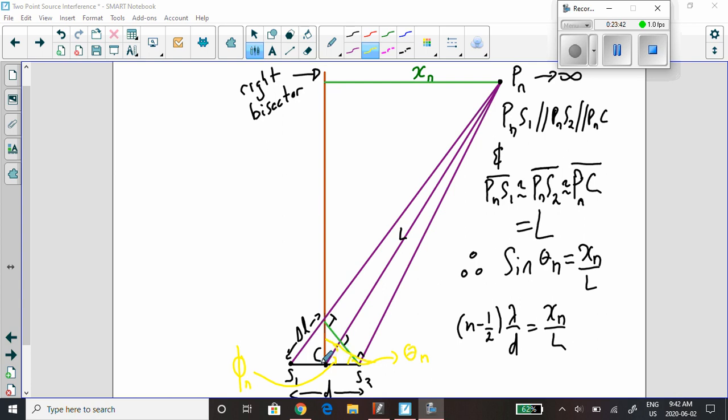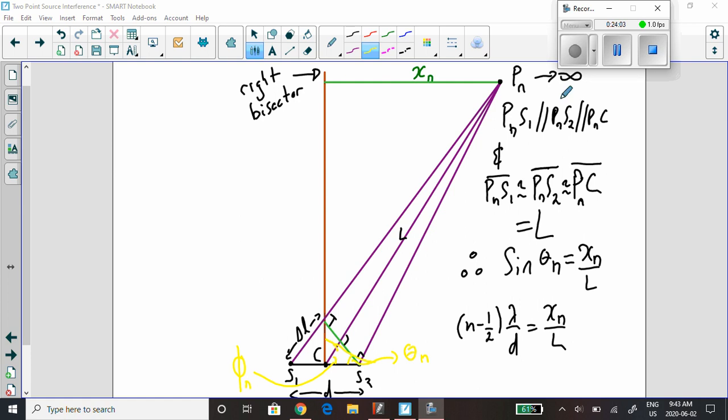So think of a right bisector between S1 and S2. What is the distance xn from that right bisector to the point Pn? So I'm trying to describe the location of Pn not in an angular sense with theta n, but in a linear sense with xn, a distance from the right bisector.